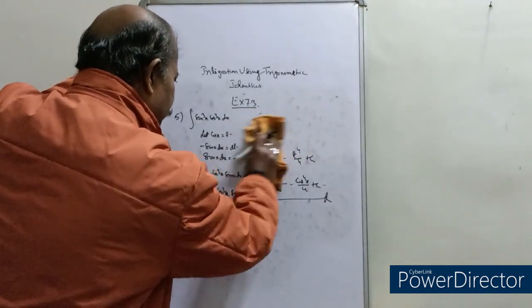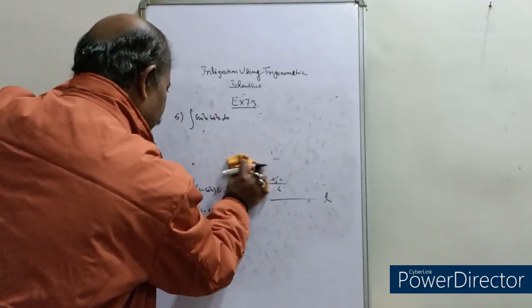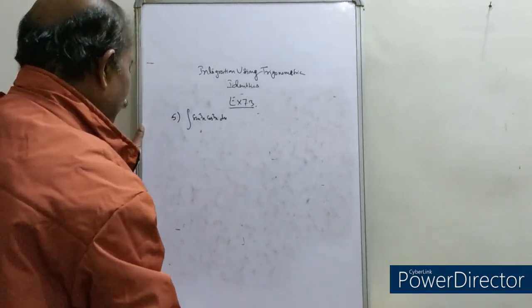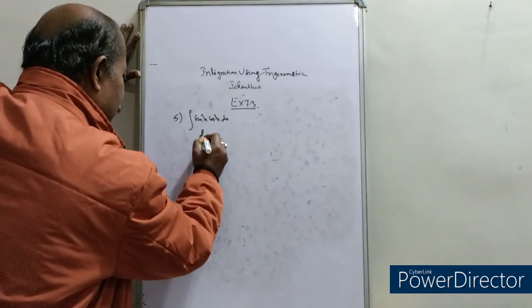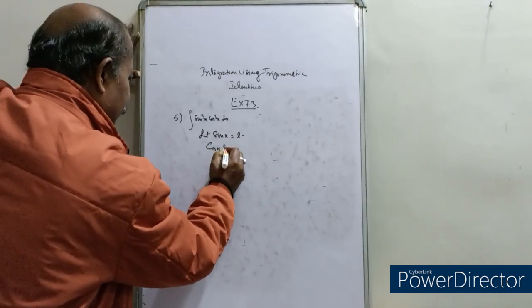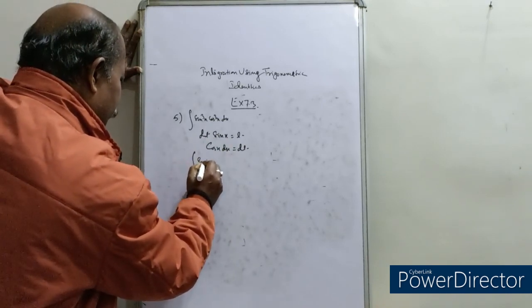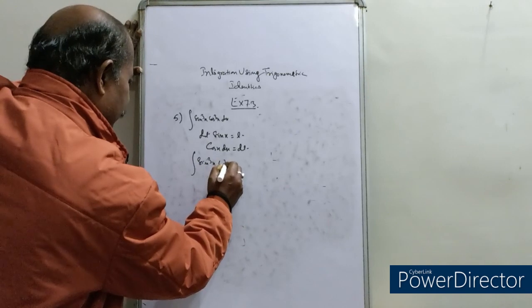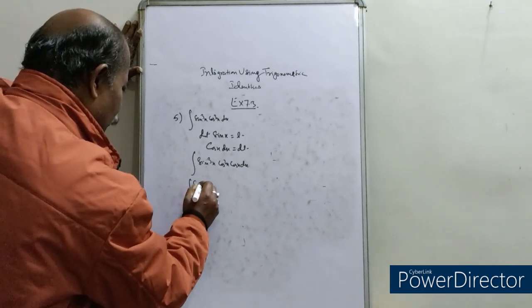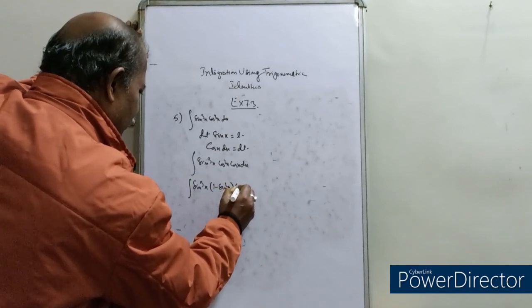If you take the same question, and you take let sin x be equal to t, then cos x dx is equal to dt. So here again you see sin cube x cos square x cos x dx. So here sin cube x, 1 minus sin square x, and cos x dx.